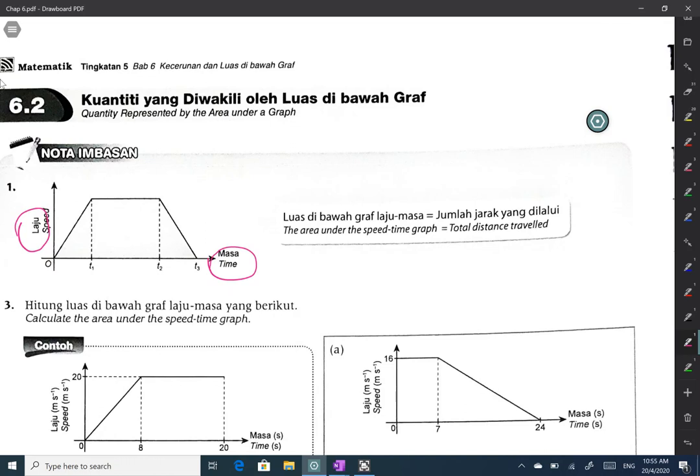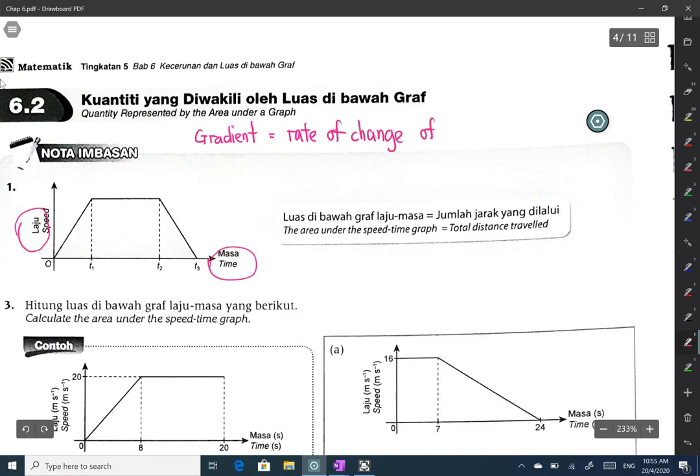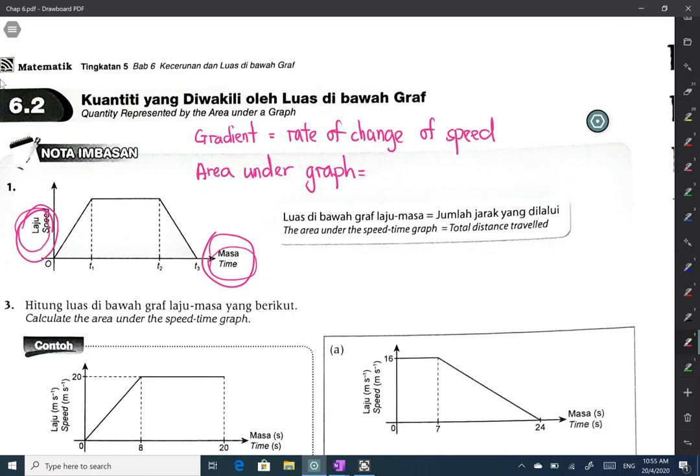If you still remember, if I say find the gradient, so gradient is the rate of change of speed. If I ask you to find the area under the graph, that means, remember the graph of speed versus time, is to find the distance.